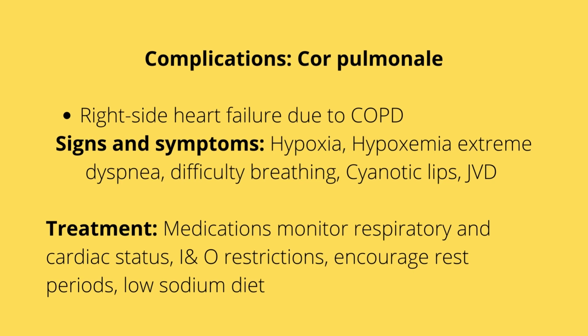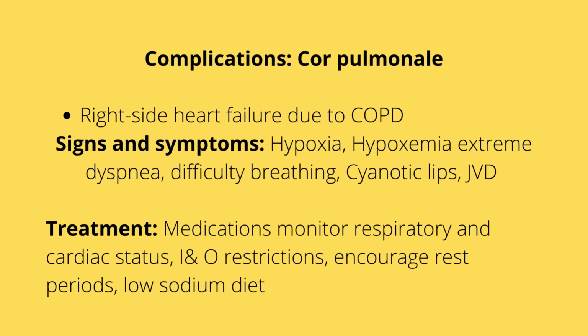We're going to have extreme dyspnea, difficulty breathing. They're going to have cyanotic lips. They're going to have the JVD, dependent edema, hepatomegaly, which is the enlarged liver, and pulmonary hypertension. They are retaining this fluid, right?